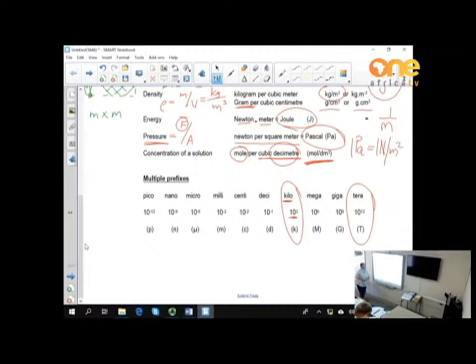But some of the terms aren't very well known. A picometer or a picogram is 10 to the power minus 12. And the symbol, if I want to write a picometer, the symbol for pico is a P. There. All right? Then we get nano. Now, nano is an easy one to remember because 9 also starts with an N. So nano is 10 to the power minus 9.